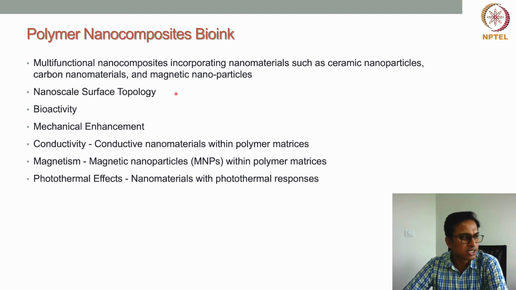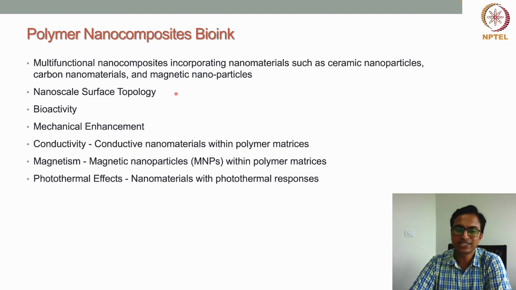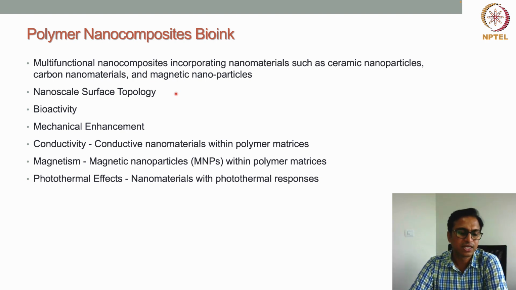The other thing is that the conductivity of the structure can be improved further for certain innervated tissue engineering, because innervated tissues need conductive materials so that tissue building can be improved further. So conductive nanomaterials like graphene, all these different types of nanomaterials, can be incorporated within a polymer matrix or hydrogel matrices and then used to fabricate 3D structures.